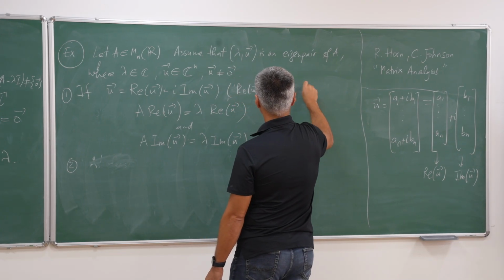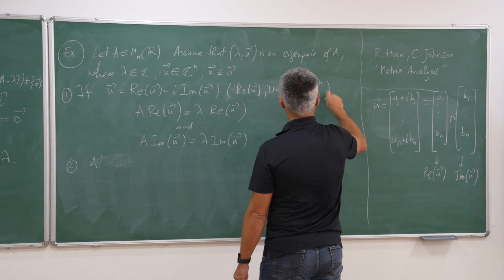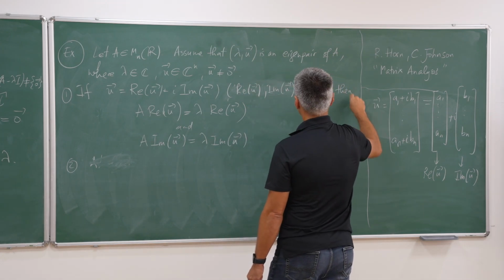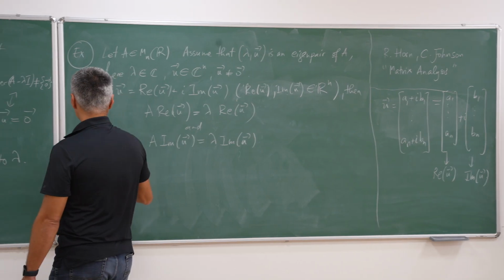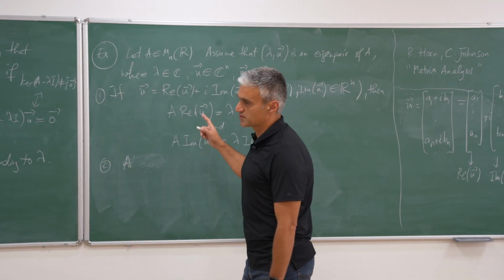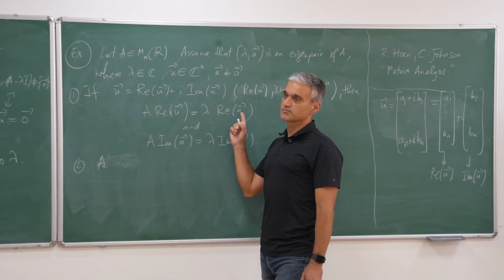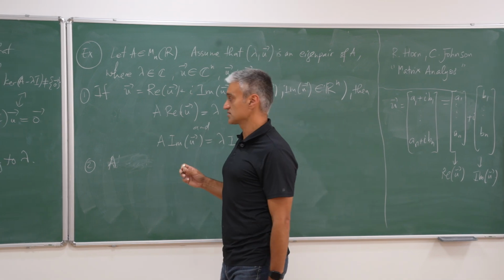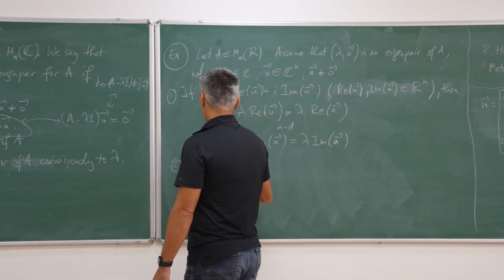The key thing about them is that they're real vectors. And again, just because A times something equals lambda times something doesn't mean it's an eigenvector. You have to check it's non-zero. But this is what you will do.